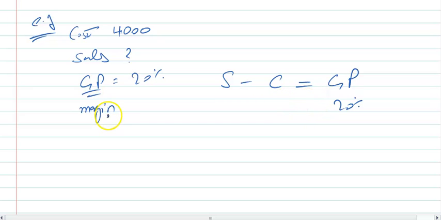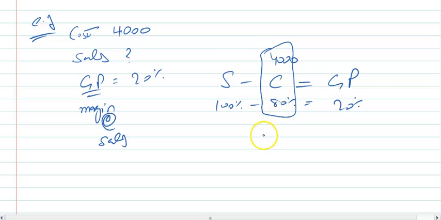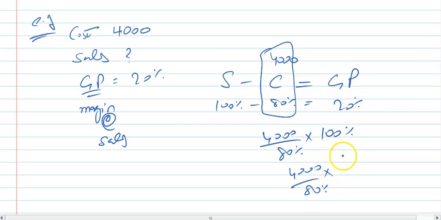Margin is always on sales, so you can put sales as 100%. Then 80% will be the cost, and they have also provided cost of 4,000. So that is completed. You can put that and find the missing figure. If you want to find sales, you multiply by 100, and if you want to find gross profit, you multiply by 20%.